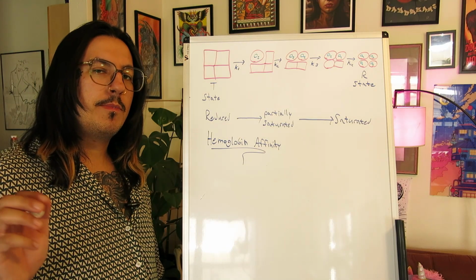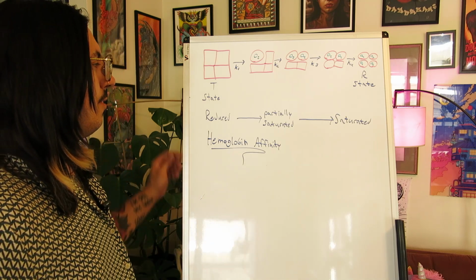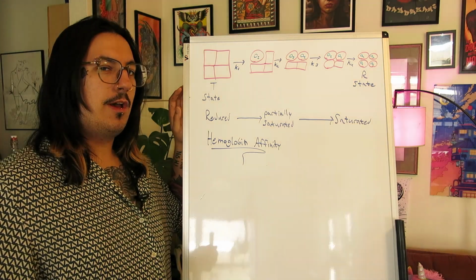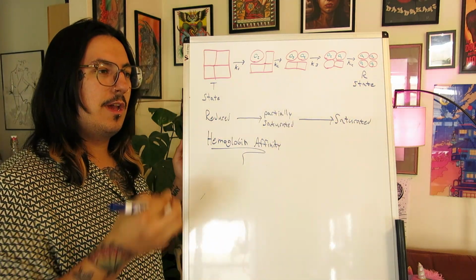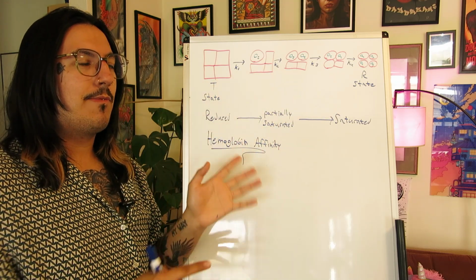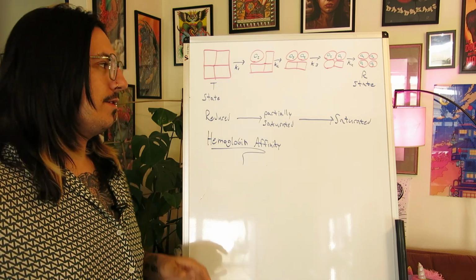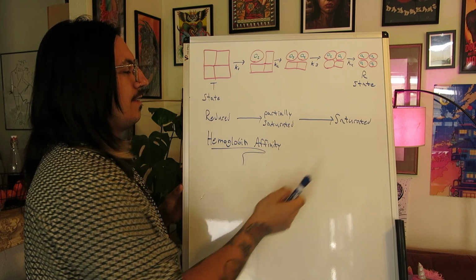Okay, so here's some biochemistry of the hemoglobin. Hemoglobin has a bunch of conformations, where at different points we have different levels of affinity for oxygen. So here we have the tense state, and here we have the relaxed state.